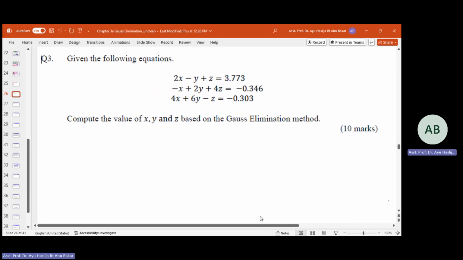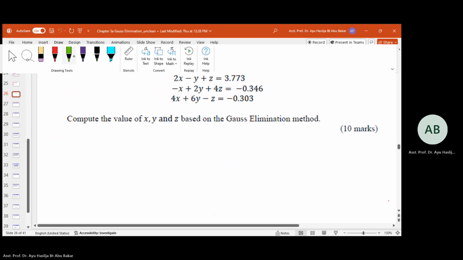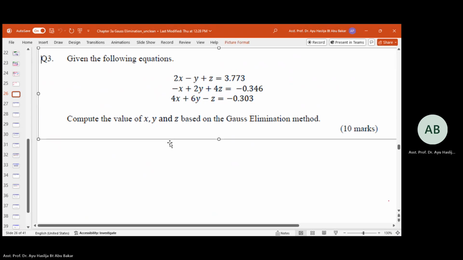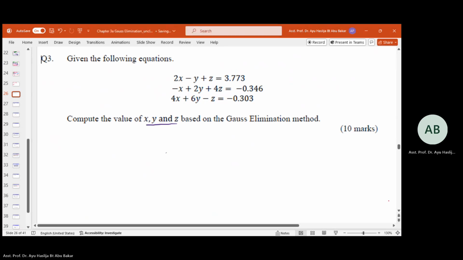Given the following 3 equations, it asks you to compute the value of x, y, z based on the Gauss elimination method.